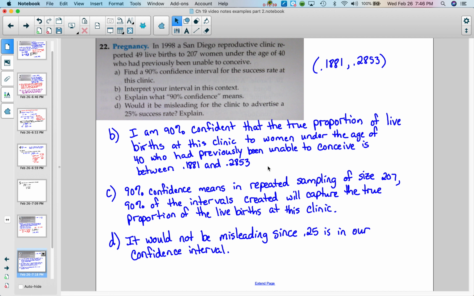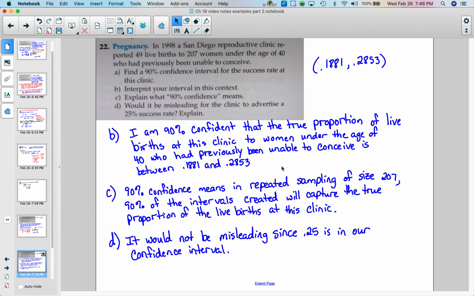Be careful when you read over your interpretation that you never say, I'm 90% confident that the true proportion of births in this sample. Don't ever say anything about the sample, because this is about the population. We are making an inference about the population of the women at this clinic, not about this particular sample.